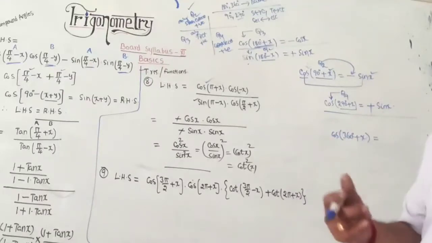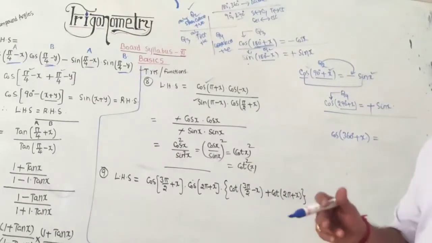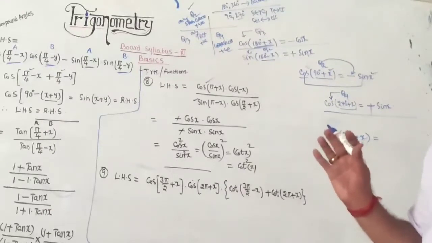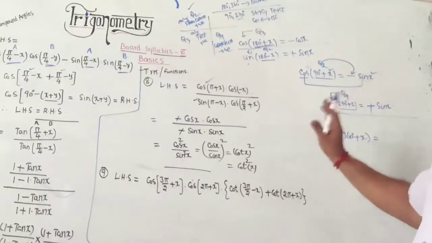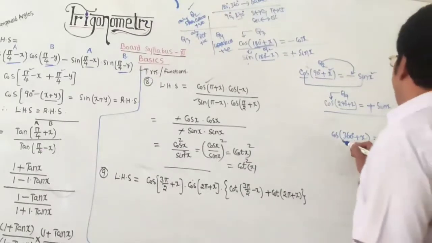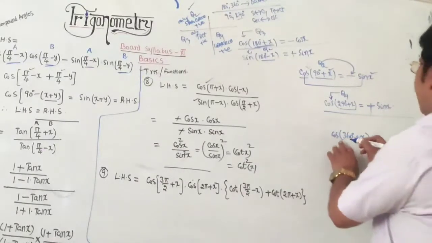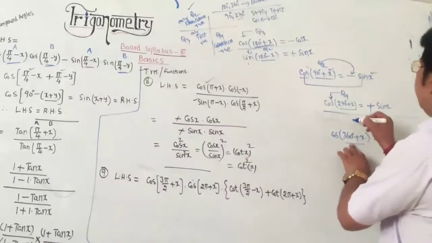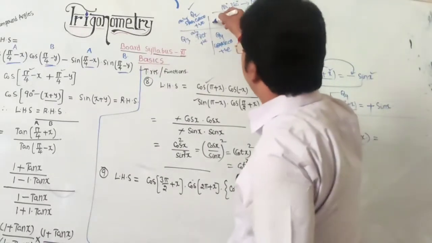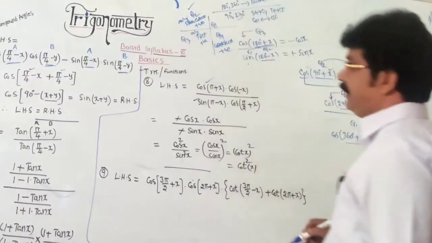I can explain more times, but you practice by heart until you get perfection. Understand? This is very important. Cos of 360 plus theta: again, 360 plus theta goes to the first quadrant.